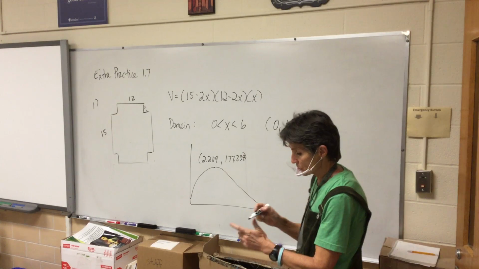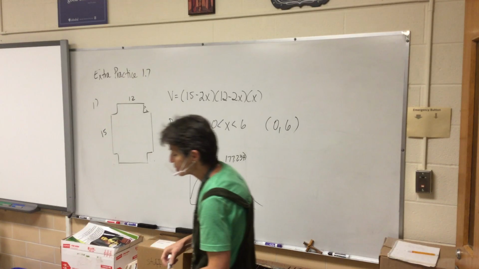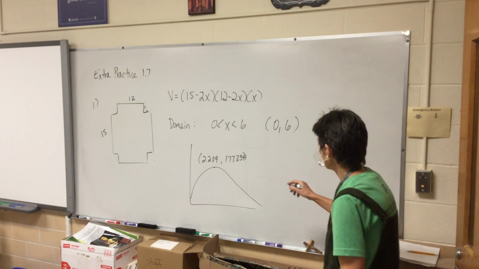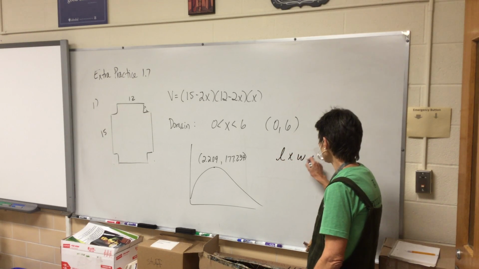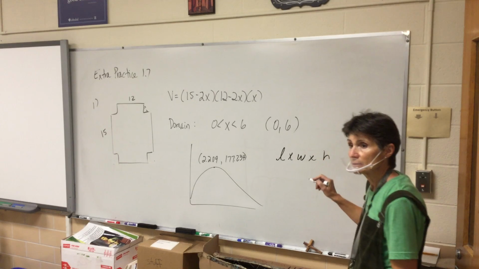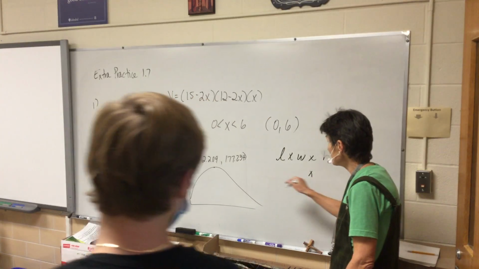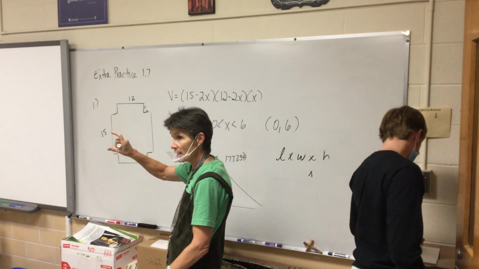Okay, so now let's answer the question. Find the dimensions of the box. So the dimensions will be length times width times height, right? So I know my height already. Isn't my height x? Holding up the flats, the height is x.